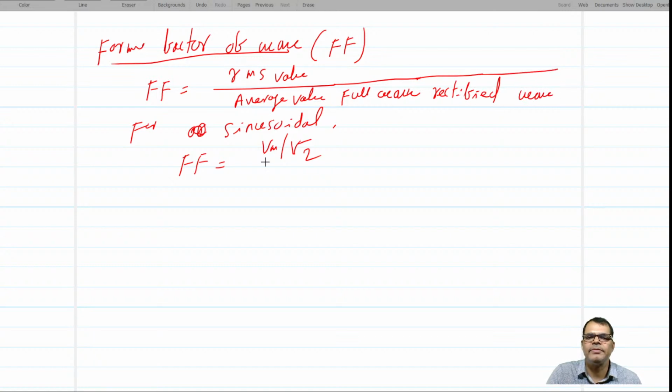So Vm upon root 2 over Vm upon pi is pi upon 2 root 2, which gives you 1.11.